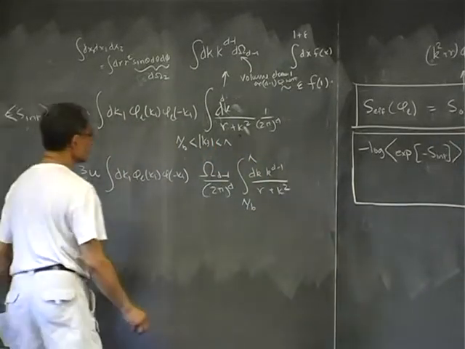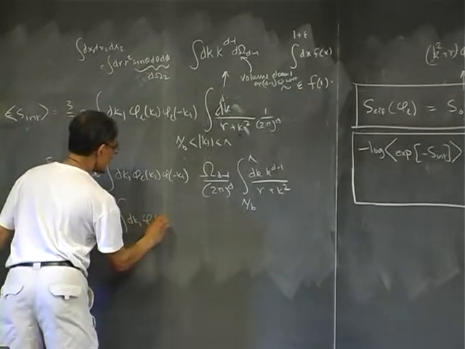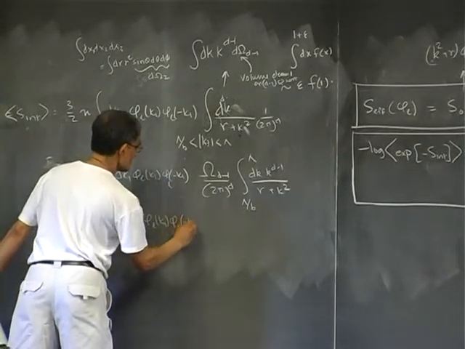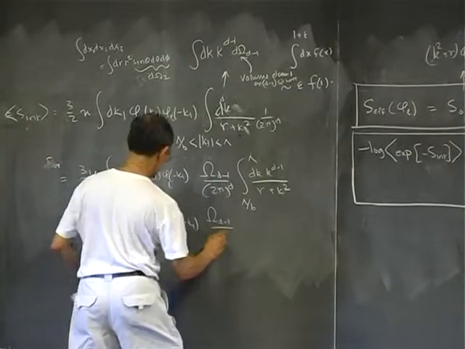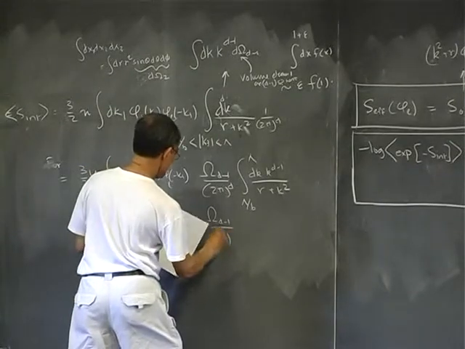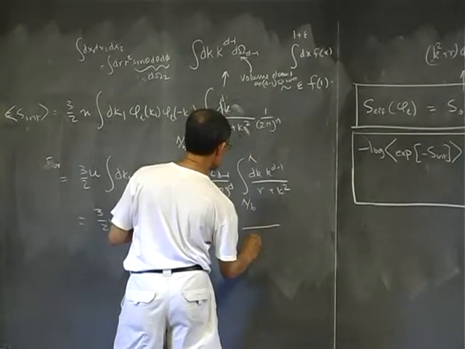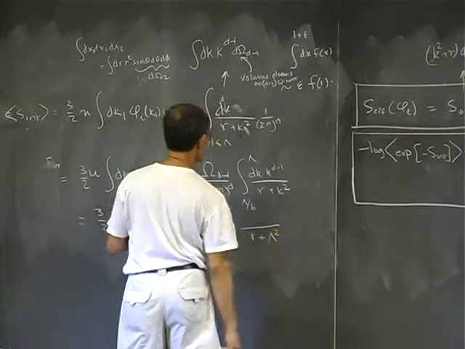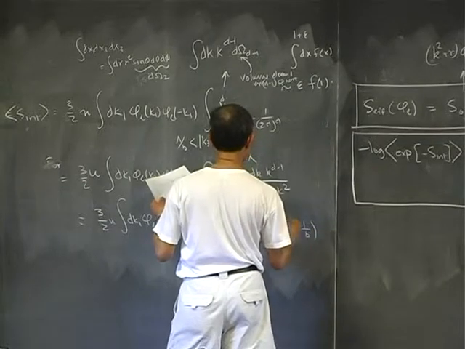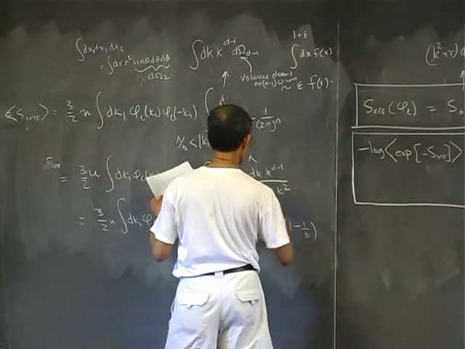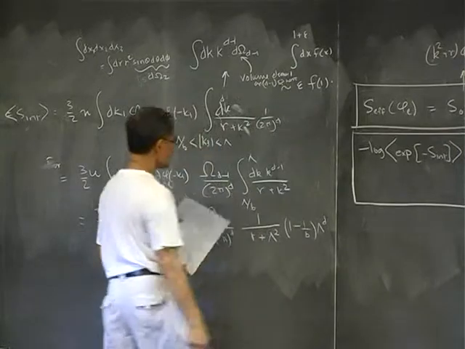And again, by that theorem, this is 3 by 2 u lambda squared, and there are d objects, so this is lambda raised to the power d, and then there should be some constant.